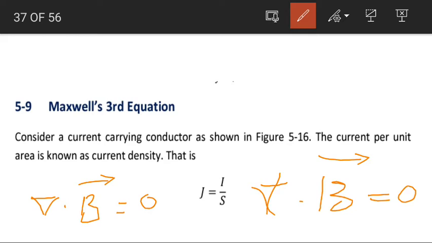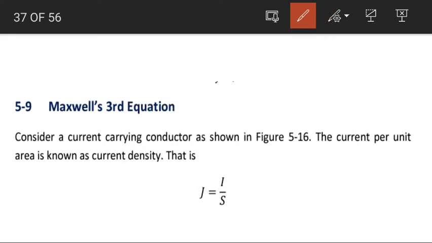We derived this second equation in chapter number 8, in the beginning of chapter number 8.